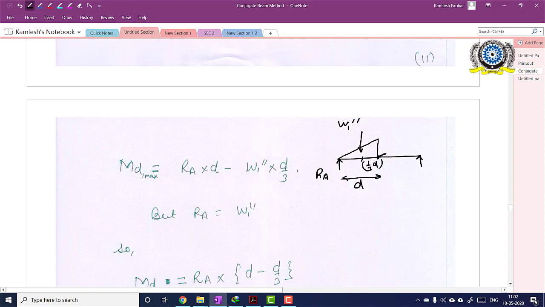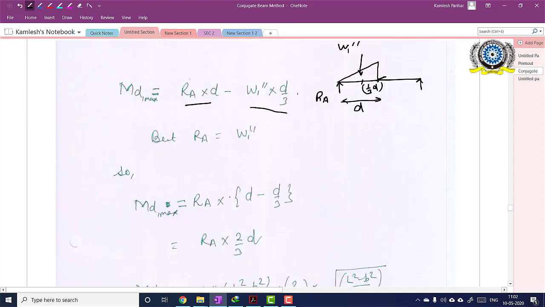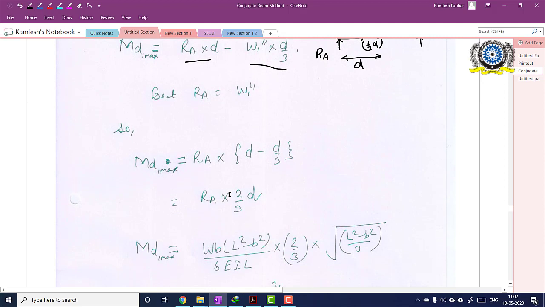Moment is RA times D minus W1 double dash times D by 3. Now we know that RA and W1 double dash are both equal, so let's take them common. This will greatly simplify our equation. It becomes RA times (D minus D by 3), that is RA multiplied by 2/3 D.